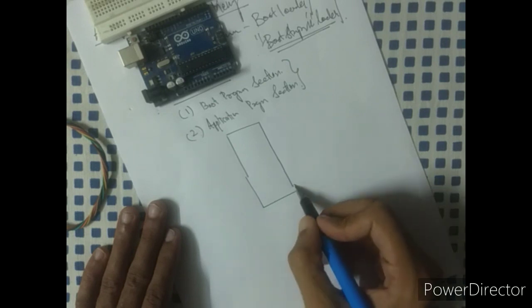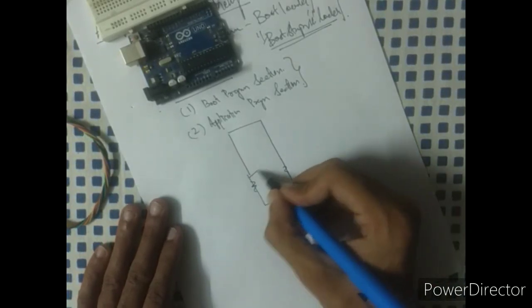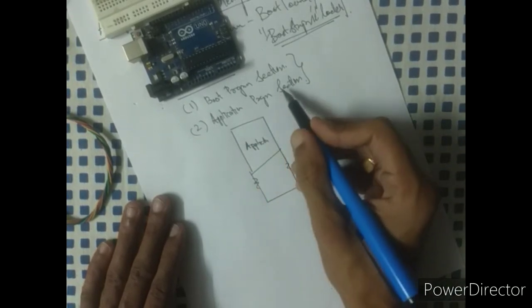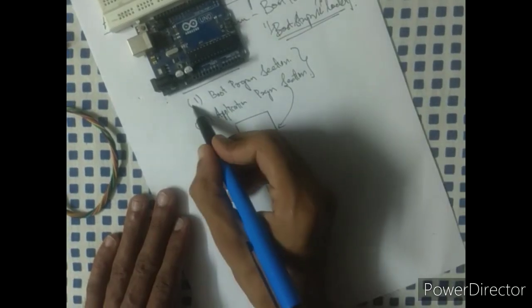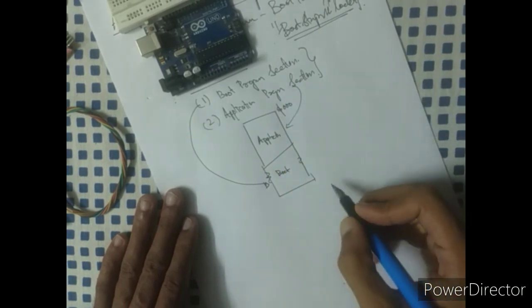Assume this is the total flash memory, and this flash memory is divided into two sections. The first one is the application program section and this is the boot program section. And this is the address.